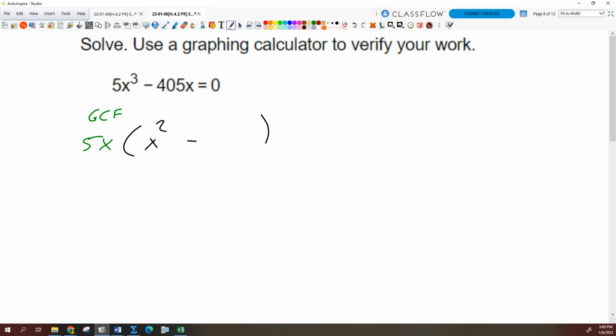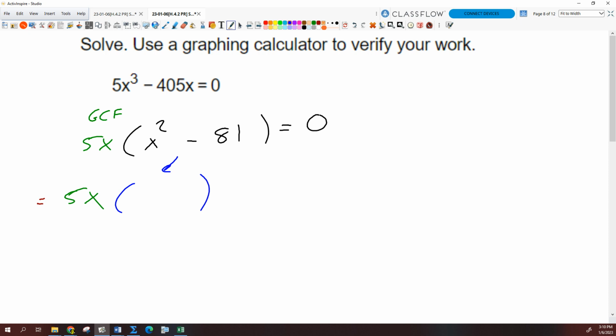No. 81, there you go. Okay, good. Could I go further? Good, I could break that apart again, couldn't I? So we've got our 5x. And then let's break this up into a blue factor and something else. So what's that going to factor into?